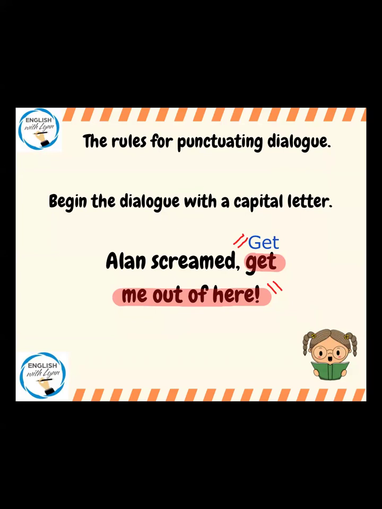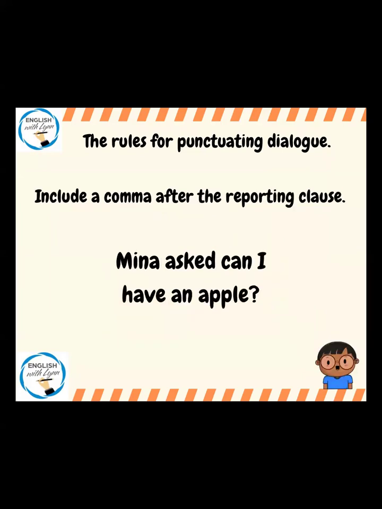Now, the next rule that we need to follow is the comma. If you have a reporting clause at the beginning of the dialogue, you need a comma, and then you will have what the person is saying. So Mina asked, "Can I have an apple?" Looking at that sentence, the bit that is being spoken is "Can I have an apple?"